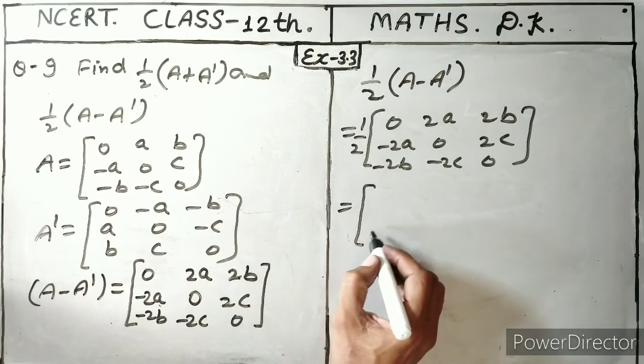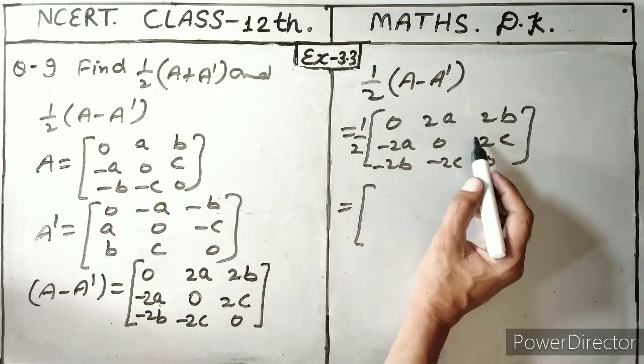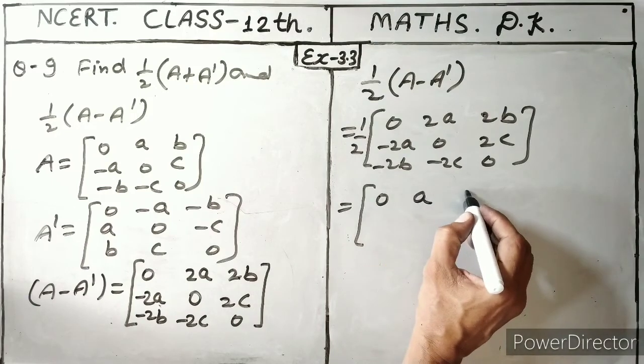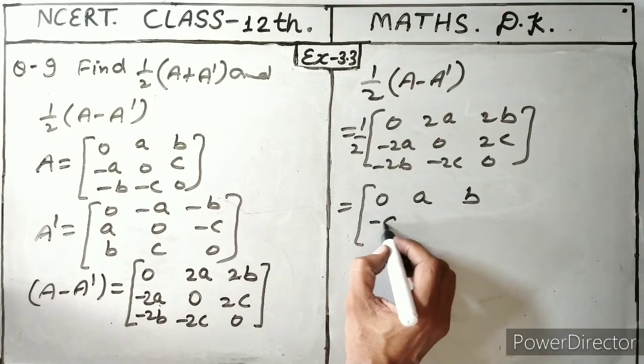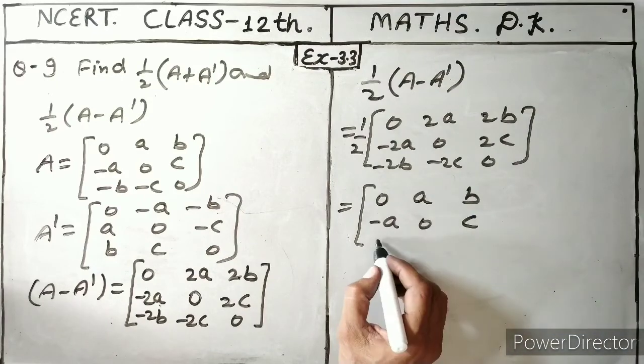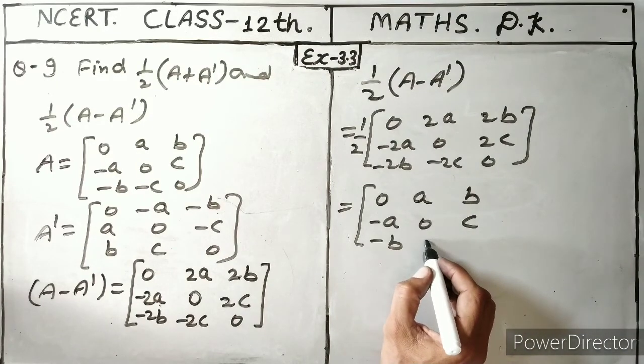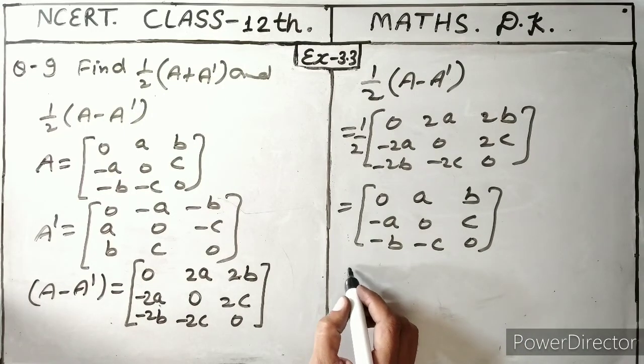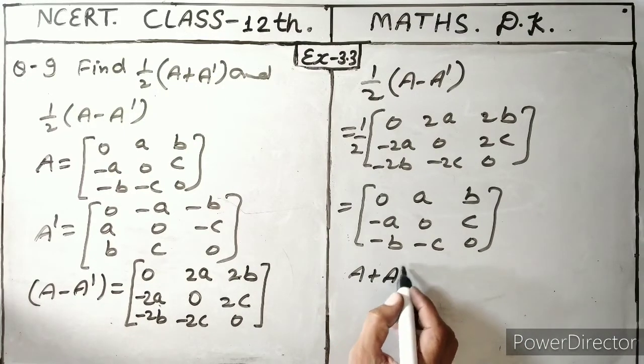Now if we divide all the elements by 2, we have 0 a b minus a 0 c minus b minus c 0, and we find A plus A transpose.